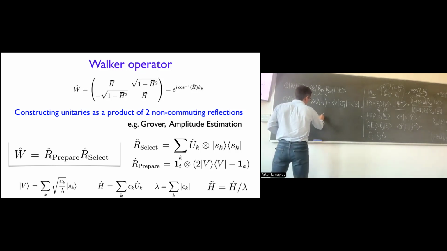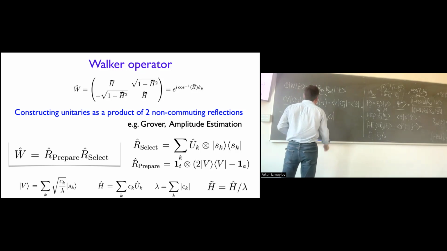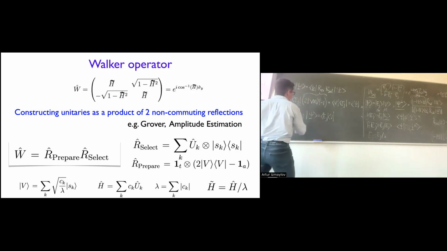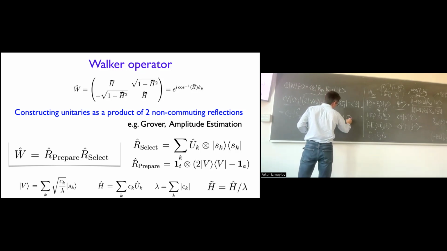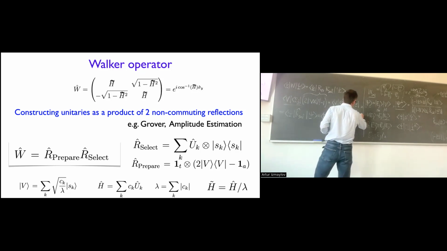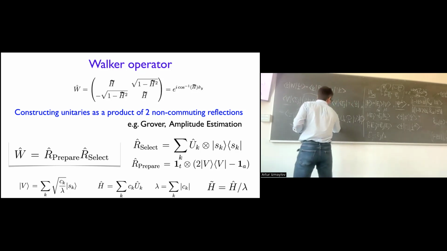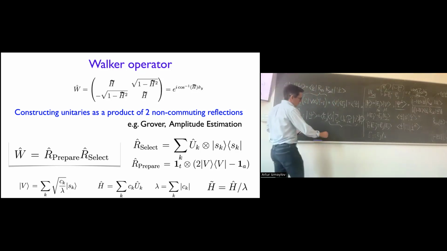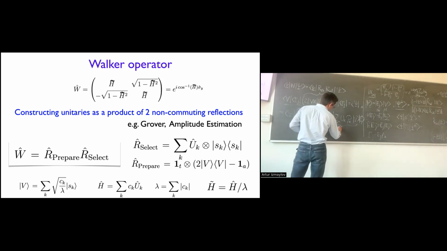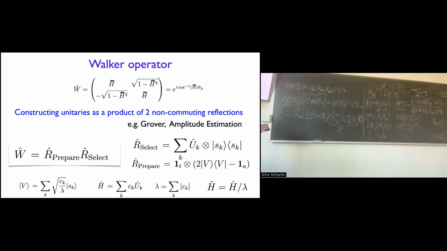Let's put J first, then V, and then the selected circuit, like I wrote there, UK, projectors K, V, and Ej. Now this will appear as a Hamiltonian. How do we get that?